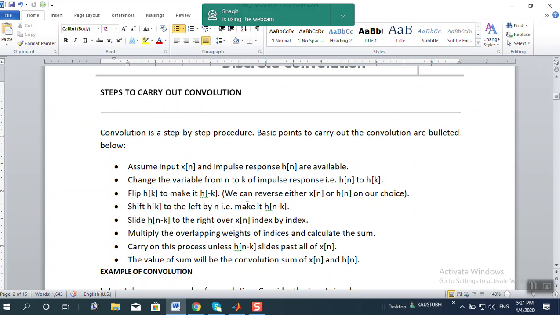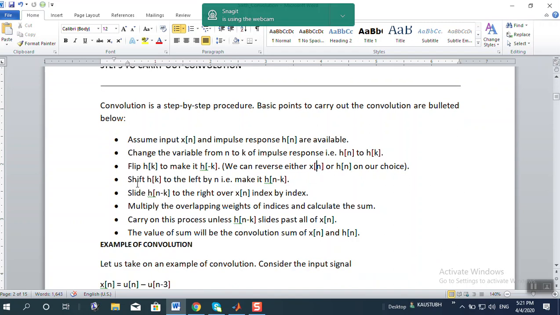Since convolution is commutative, we can do this to x also. Then the folded h of k should be shifted left and right to get h of n minus k, index by index. After each shifting, you need to multiply it with the corresponding values of x of n or x of k.